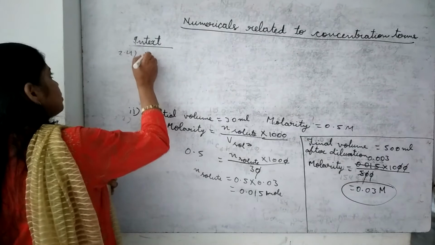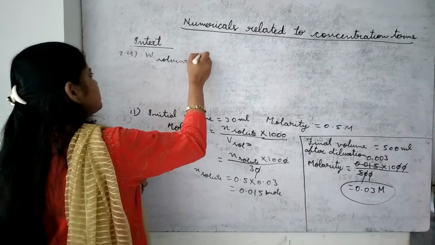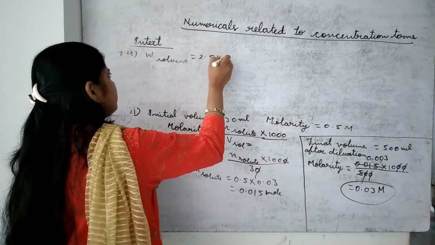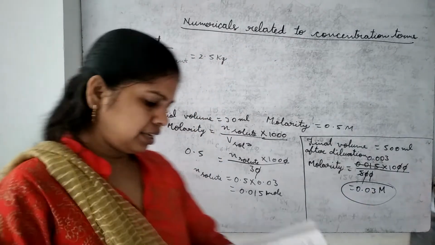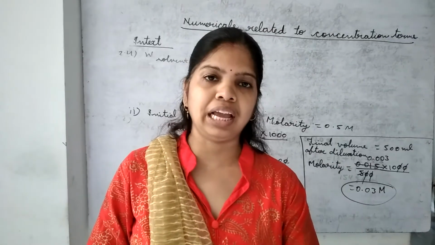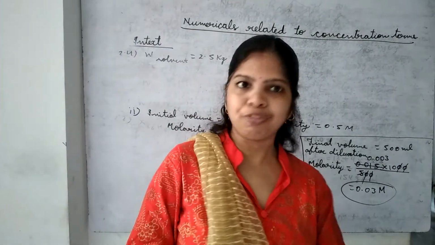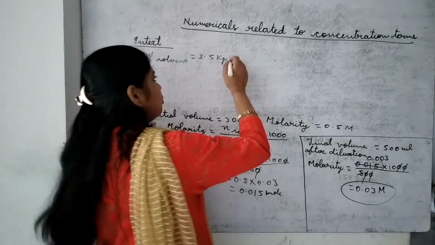So the mass of solvent is 2.5 kg, and then it has been given a 0.25 molal aqueous solution. Molality is 0.25.